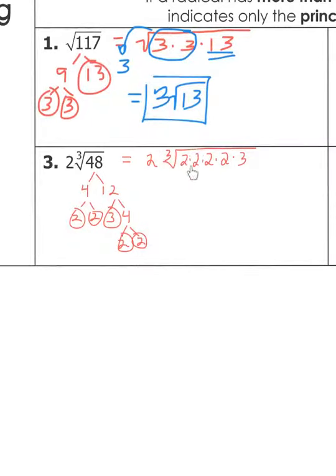So we're not going to circle groups of 2 because we want what number times itself 3 times. So I'm going to circle groups of 3. So you're going to see me circling a set of 3 2's and bringing that out in front to multiply to the 2 that's already in front. I can't make any more groups of 3, so you're going to have to leave the 2 and the 3 underneath the radical. So multiply out the 2 times 2, which is 4, cube root of, and then you want to multiply what's left underneath here. 2 times 3 is 6.